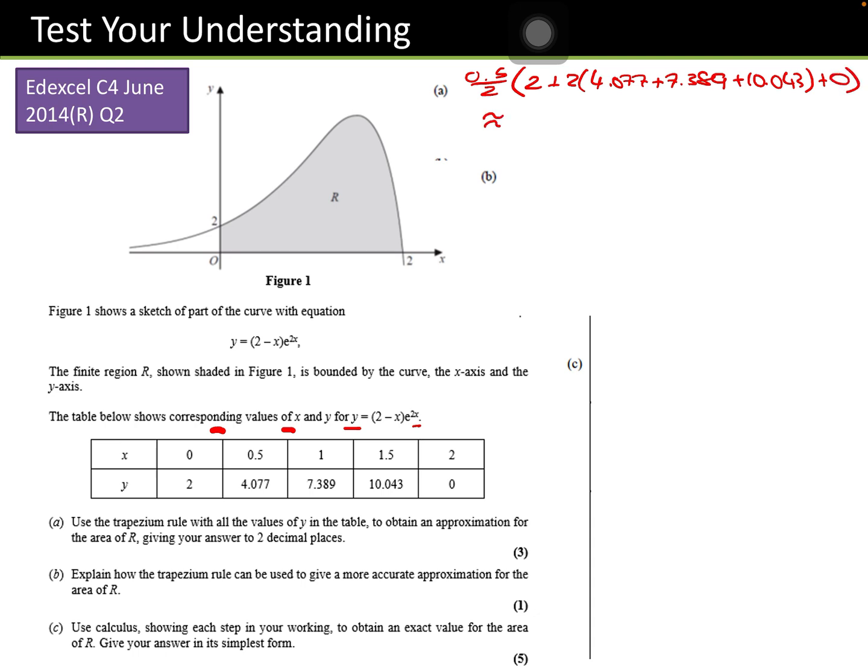And this means our answer will be approximately 11.2545, which to the 2 decimal places it asks for will be 11.25.